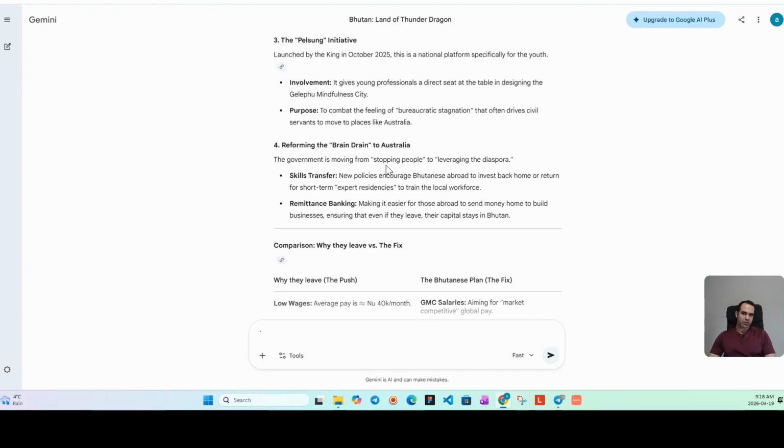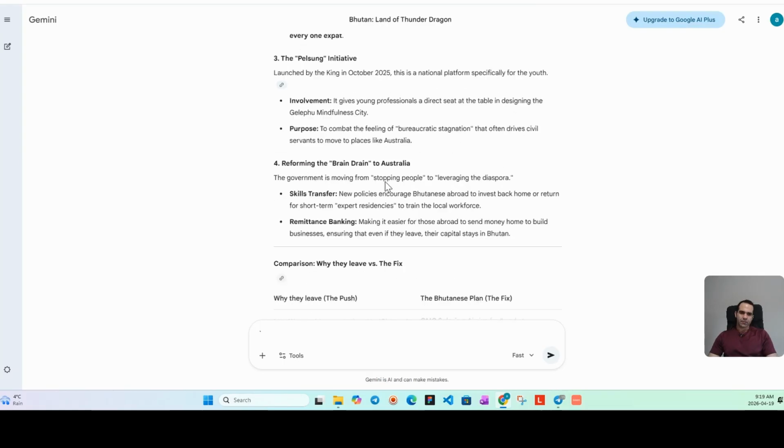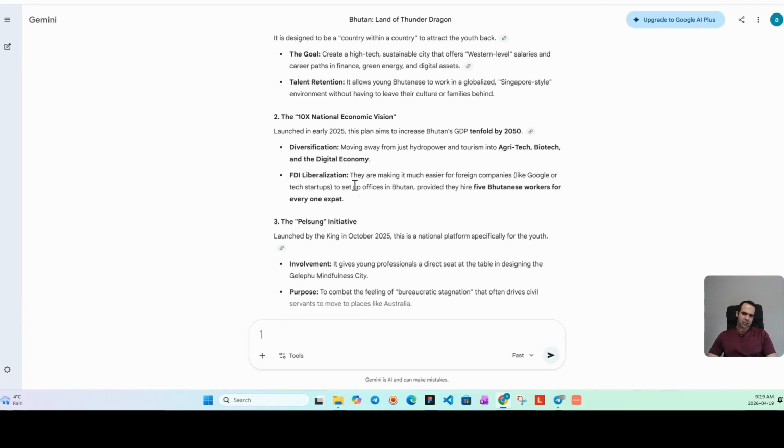The government is moving from stopping people to leveraging the diaspora. The skills transfer: new policies encourage Bhutanese abroad to invest back home or return for short-term expert residencies to train the local workforce. Okay, so this is the Gemini response.